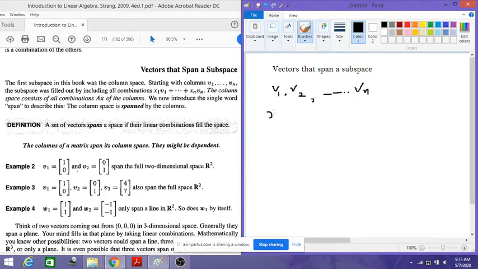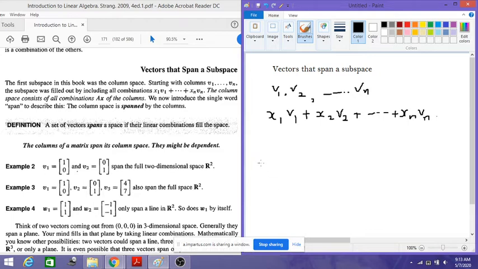So we multiply by scalar values, the unknowns x1 into v1, plus x2 into v2, plus and so on, up to xn into vn. Then the column space consists of all combinations Ax of the columns.